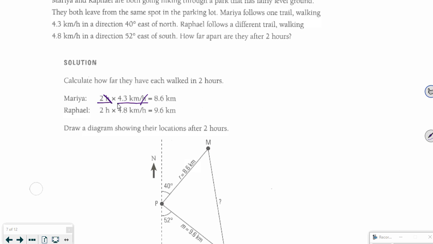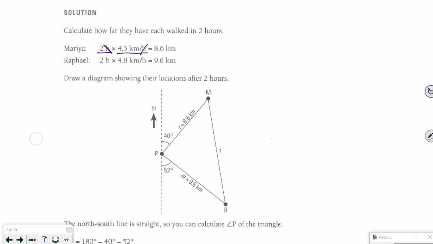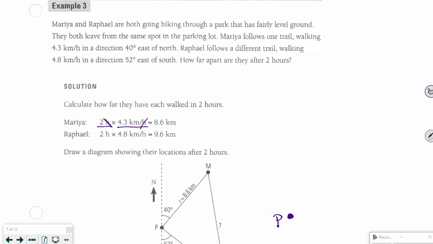The other piece of this is how to draw the triangle. So they both start out at point P. If they hadn't given you a diagram, you would need to know how to draw this. It says in the question, Mariah is walking 40 degrees east of north.